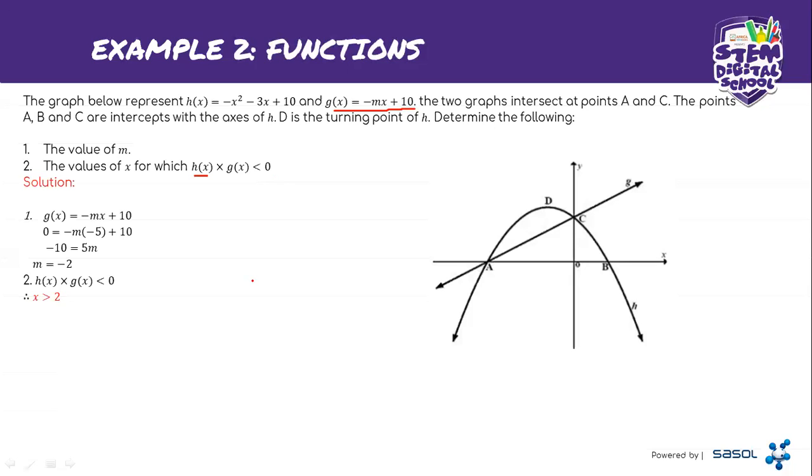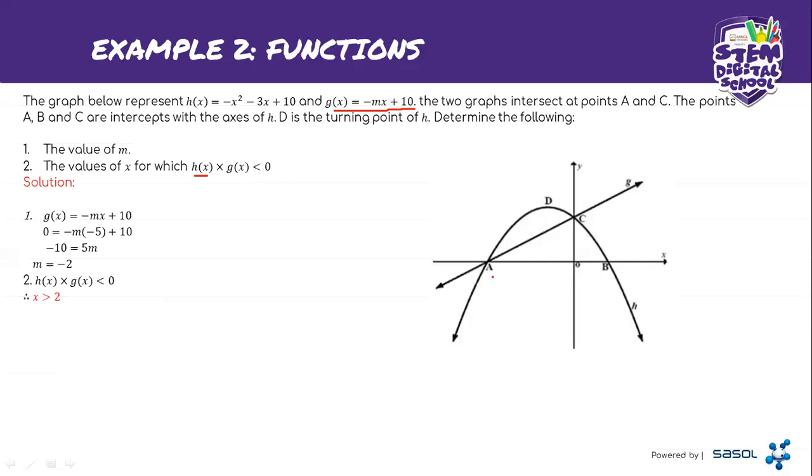Remember, h of x is the same as y, and g of x is also the same as y. Okay, so we want where we multiply the two functions, and you get a negative value, which is less than 0, because any value which is less than 0 must be negative, right?